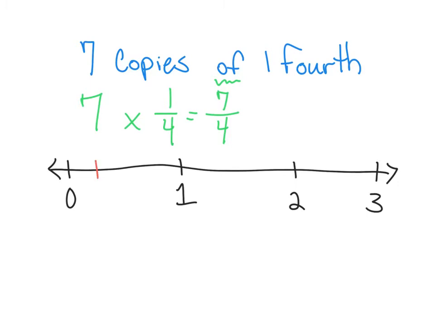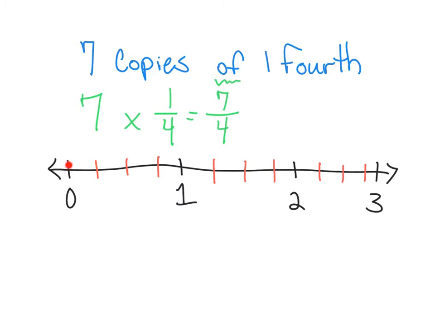We got 1, 2, 3. The next whole would be the fourth. 1, 2, 3. That would be the fourth. 1, 2, 3, and that third would be the fourth. All right. So now let's show 7/4. Starting at 0.